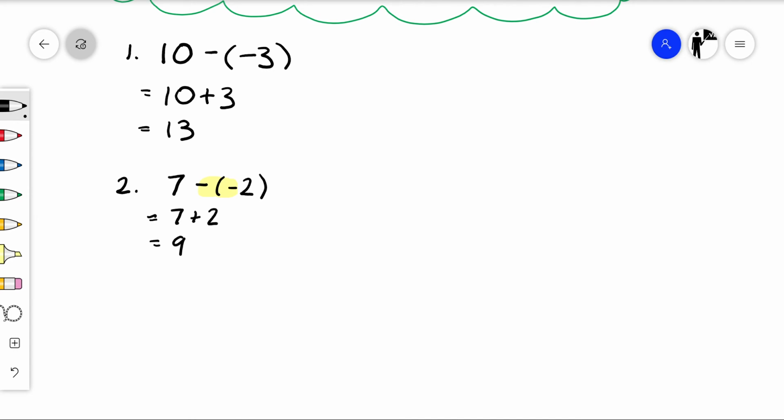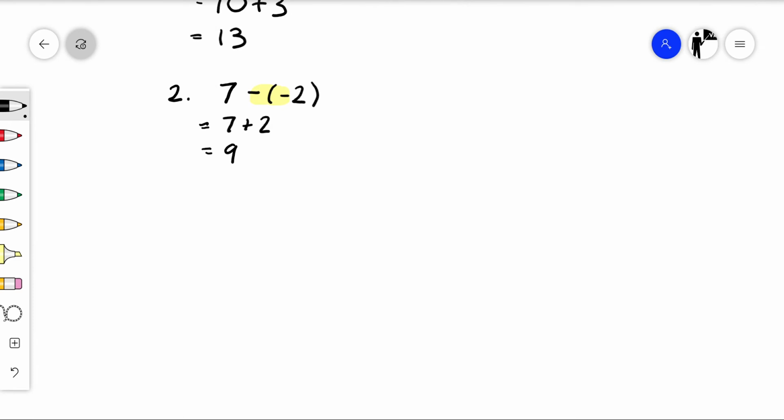Let's have a look at another one. Example 3. Let's do 10 subtract negative 5. We're subtracting a negative. Subtracting a negative behaves like addition. That behaves like 10 plus 5. 10 plus 5 is 15.